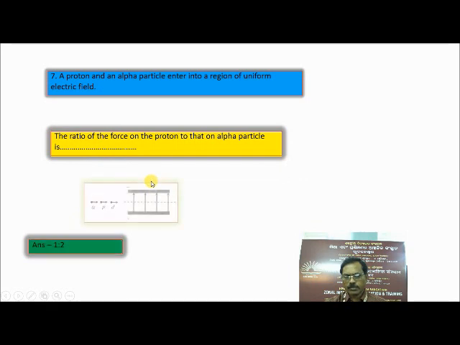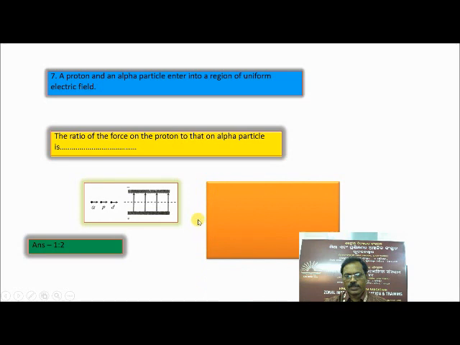Let's see the explanation. The alpha particle and the proton are both entering the uniform electric field. I told you equally spaced lines in one direction constitute a uniform electric field. The force is QE.